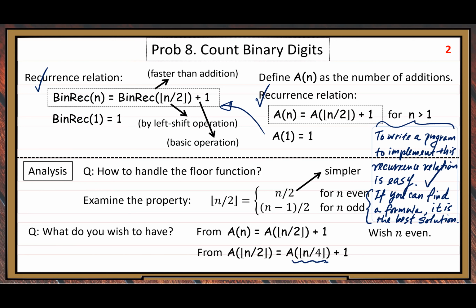Even if n is an even number, we cannot say n/4 is another integer, right? That means the floor function cannot be removed directly. Then let us apply our freedom another time. This time we wish n/2 is an even number. Then the second floor function can be removed, and so on.